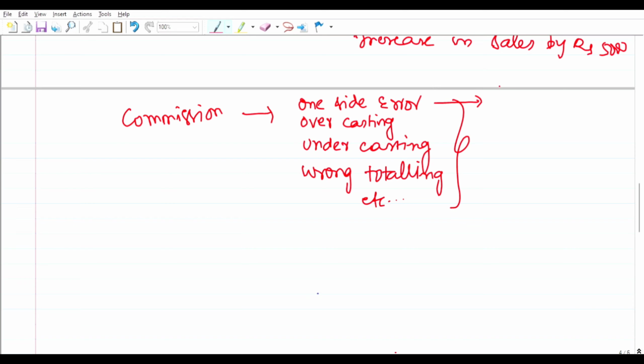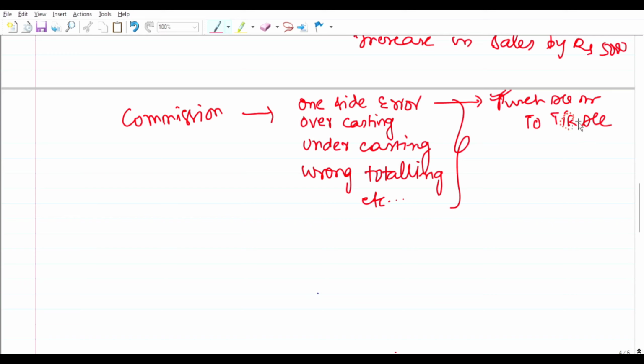Example, if there is an entry purchases account debit to cash, or for example, let us take credit purchases, purchases account debit to trade payables account, right? One side error means they are going to increase only the purchases.